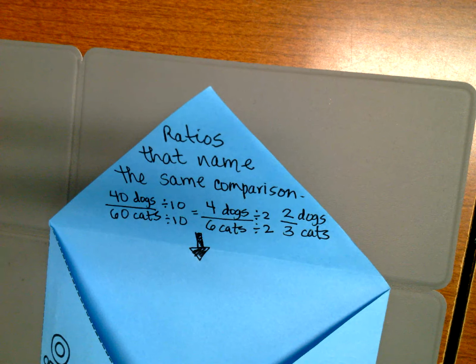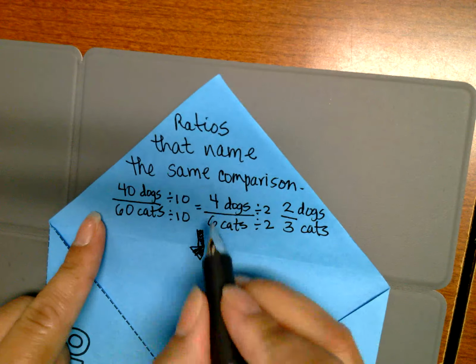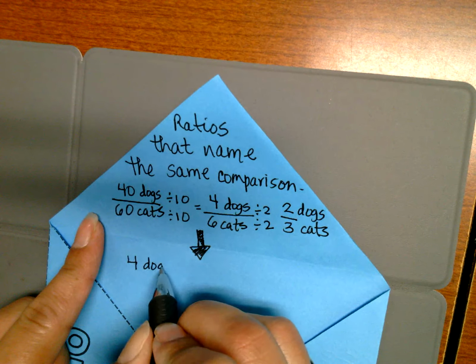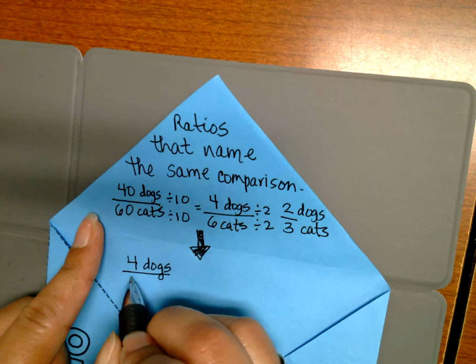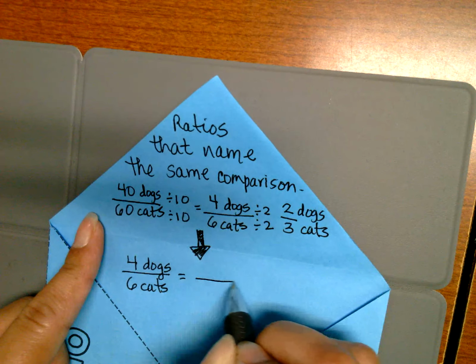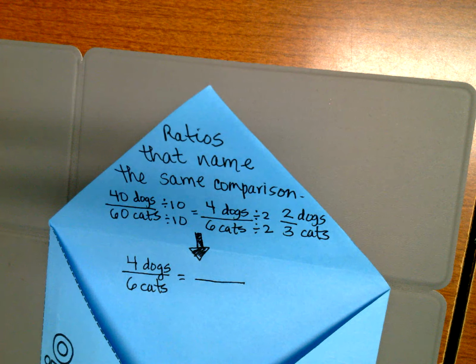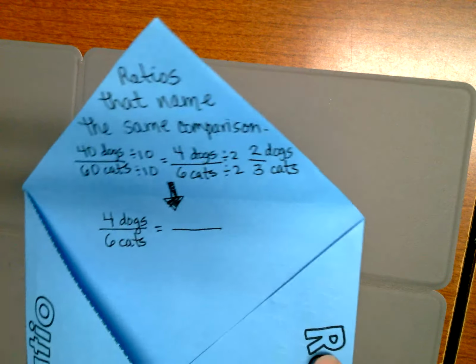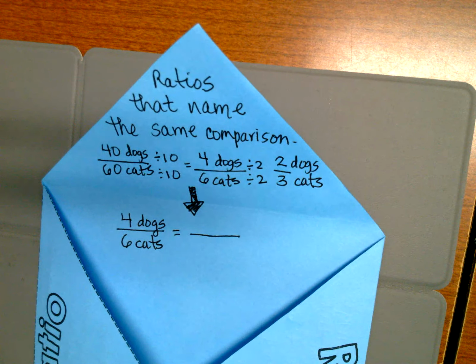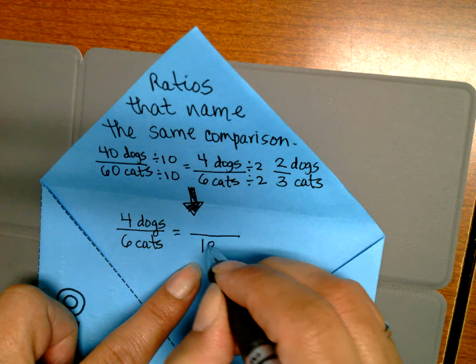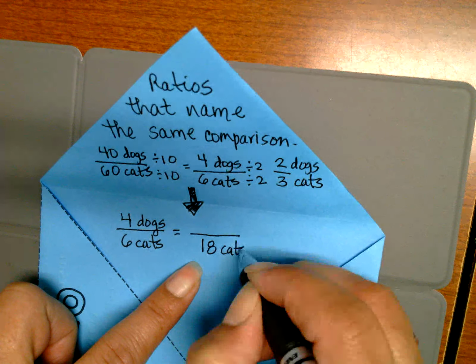What if I told you that we have 4 dogs for every 6 cats. And what if somebody asked me, all right, let's see if you're smart, what if you ended up seeing 18 cats.